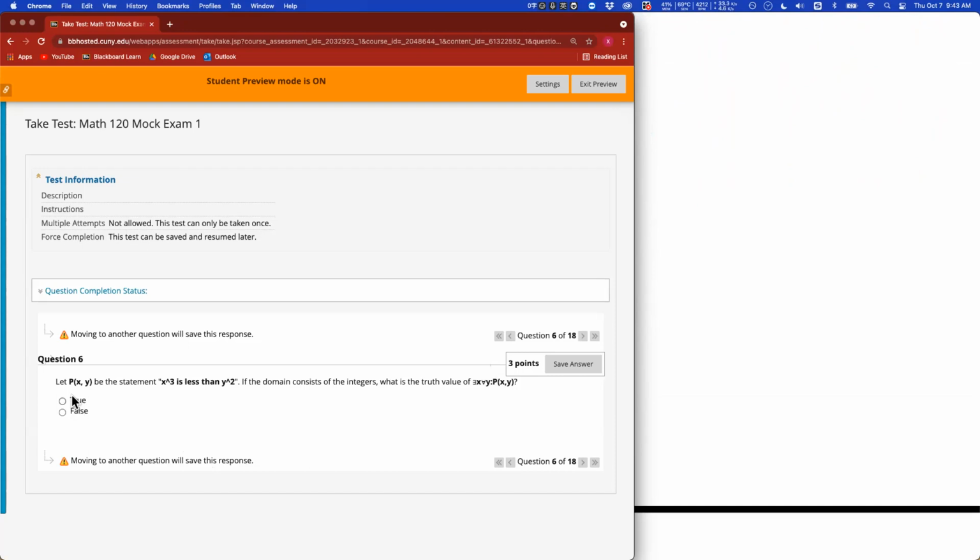Okay. The next one, you have the propositional function x cubed is less than y squared, and all the variables here consist of the integers. So we want to check the truth value for there exists an integer x for all y, x cubed is less than y squared.